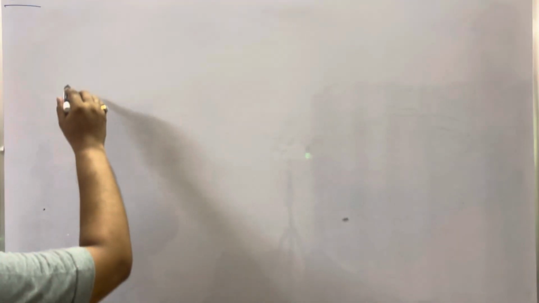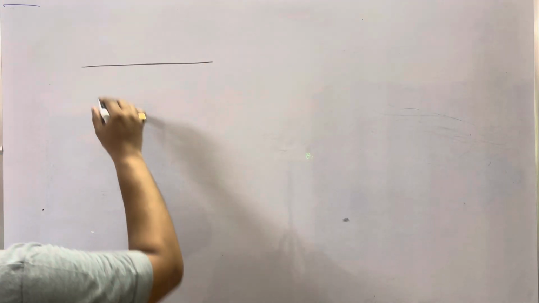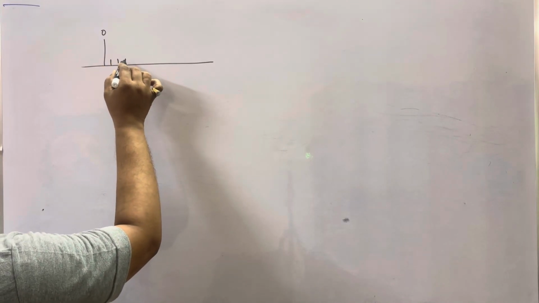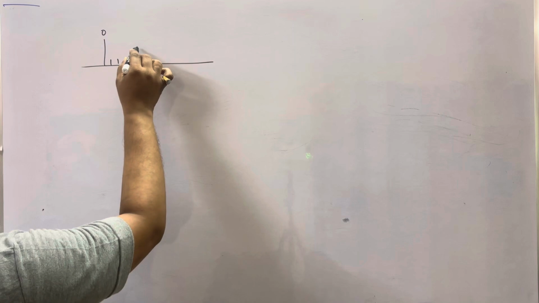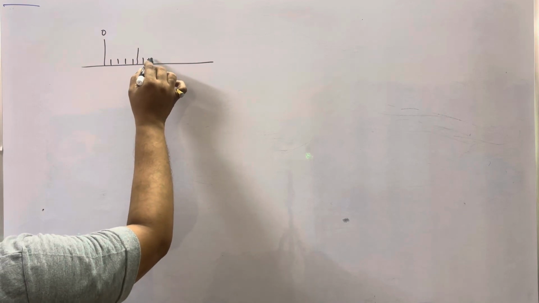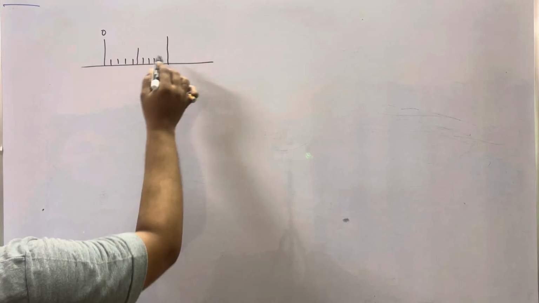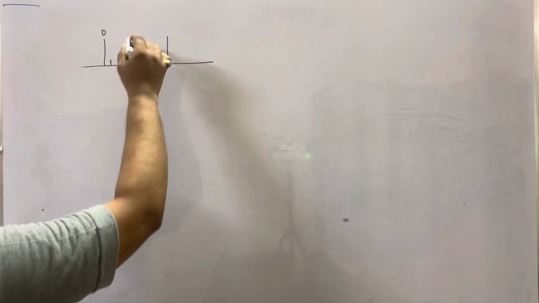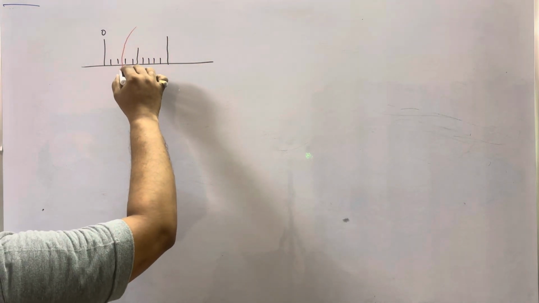Sometimes they will give a diagram. At that time, how to solve? So this is the index line: 0, 1, 2, 3, 4, 5 mm, 6, 7, 8, 9, 10, like this. Now on this they will give the circular scale like this, whichever you are rotating.